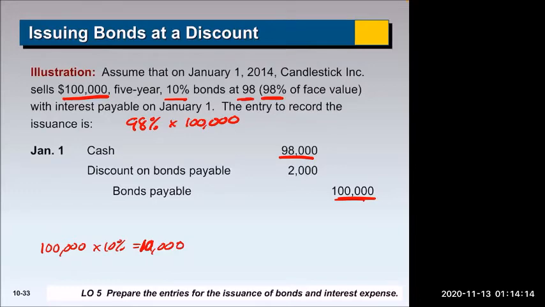I also have to pay you an additional $2,000 when this is over. You gave me 98, but I have to give you 100. Isn't that 2,000 extra dollars I have to pay you? If I'm paying you 2,000 extra dollars, that sounds to me like an additional cost of borrowing, isn't it?